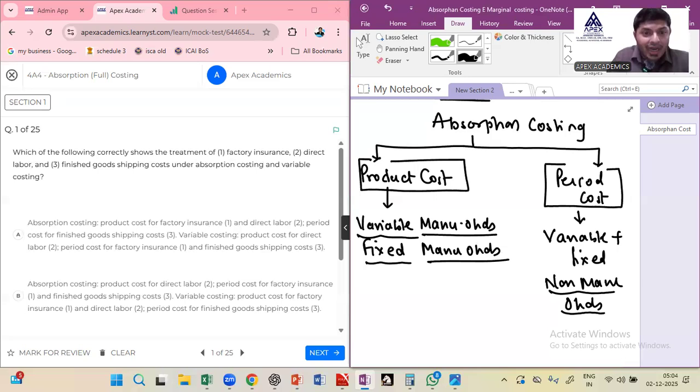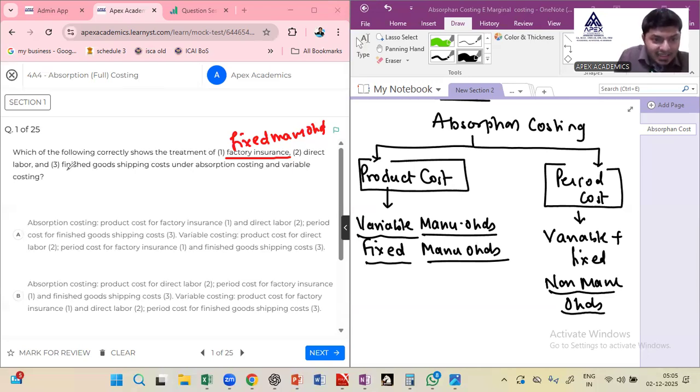Now, when I look at this particular question, I see on the screen three examples. The first item that I see on screen here is factory insurance. Now, factory insurance is a fixed manufacturing overhead. Next I see here is direct labor, and direct labor is a variable manufacturing overhead.